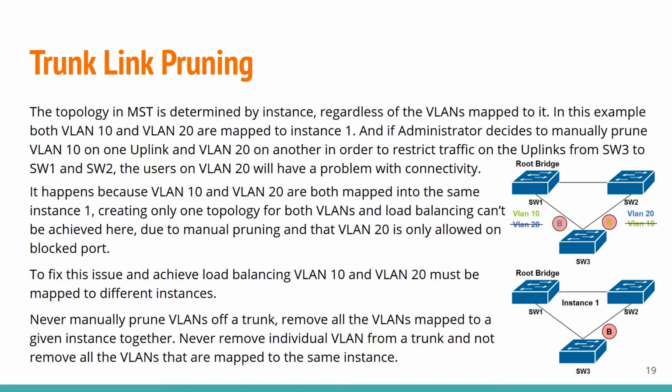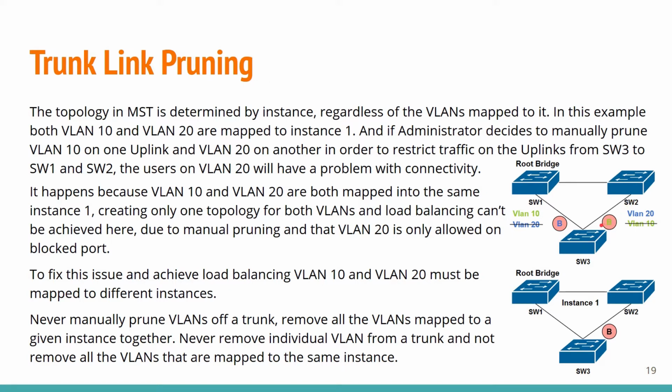allowed on the blocked port. So here the administrator wants to achieve this topology where VLAN 20 is pruned from the uplink from SW3 to SW1, sorry, and VLAN 10 is pruned from the uplink from SW3 to SW2 switch.